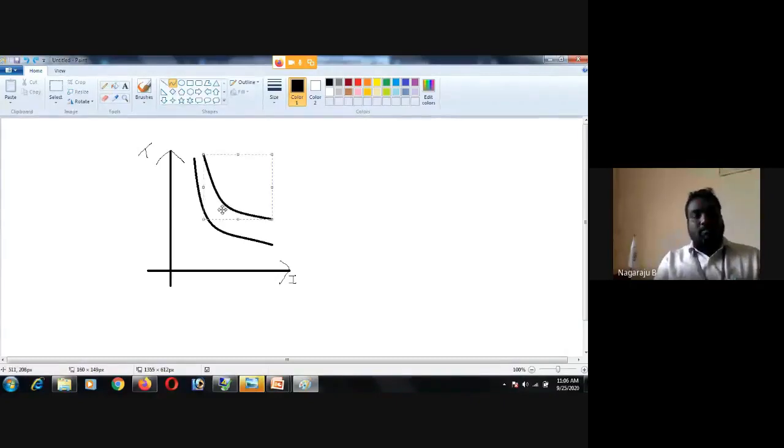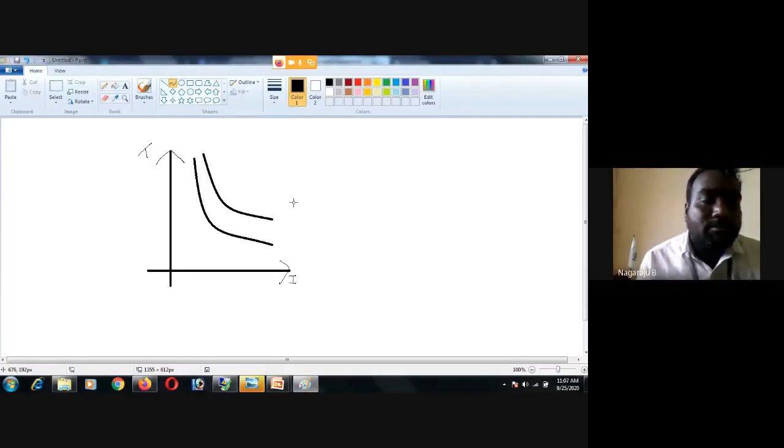The first one is the minimum melting curve, meaning the minimum time versus current required to melt the fuse link. And this other one is the total clearing curve.